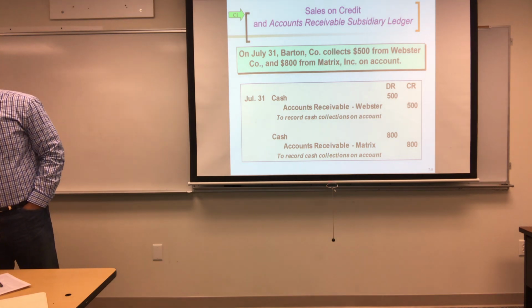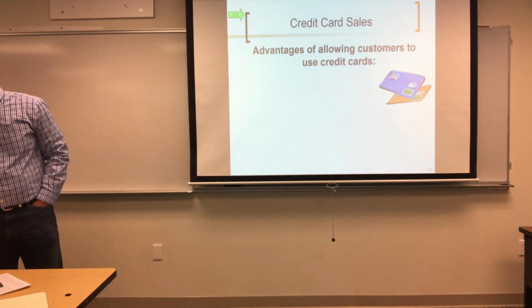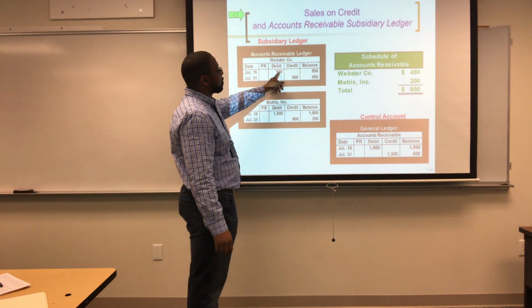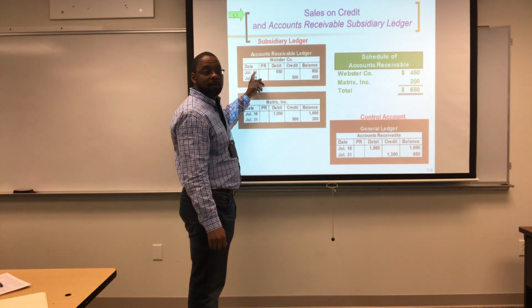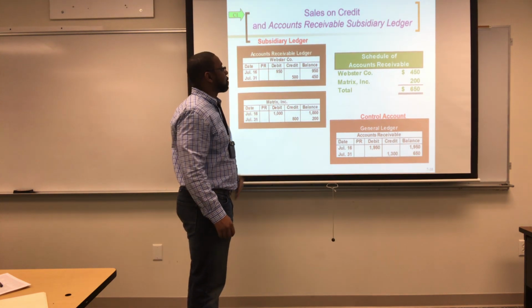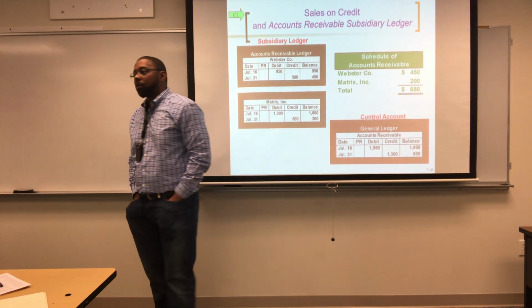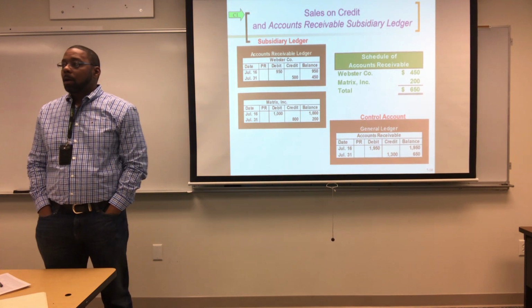And what will happen is we're running a tally. So if you see here, they purchased $950 worth of merchandise on July 16th. On July 31st, they paid $500, so they owe $450. They have $450 left on their bill for their credit line.